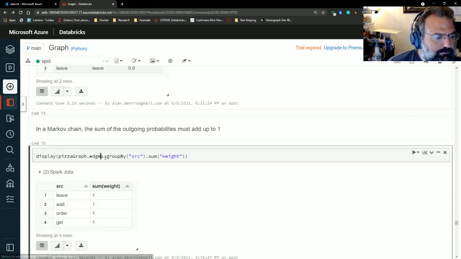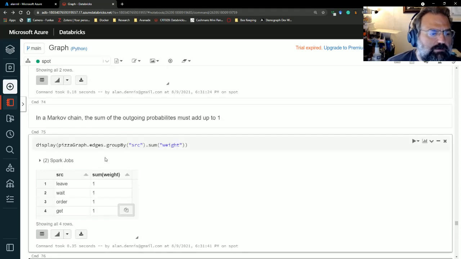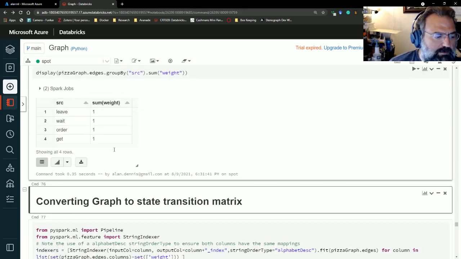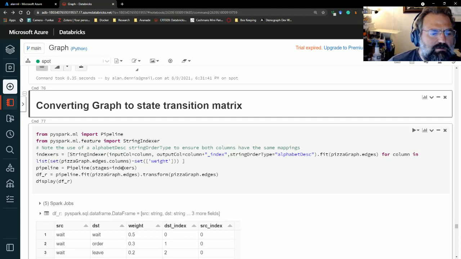So doing a check, because with Markov processes we expect it to add up to 1 whenever we're talking about sources. So when you go from a source to something else, those all should add up to 1, which they do.